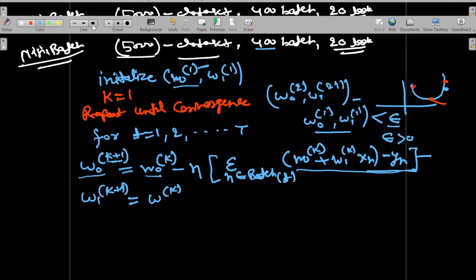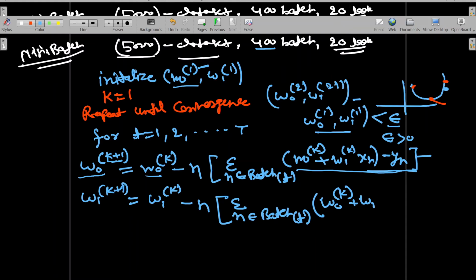So w1 k minus the eta step, summation n belongs to batch t, and the partial derivative of the error function with respect to w1. That we have already done, and it is nothing but w0 k plus w1 k xn minus yn, and then xn.